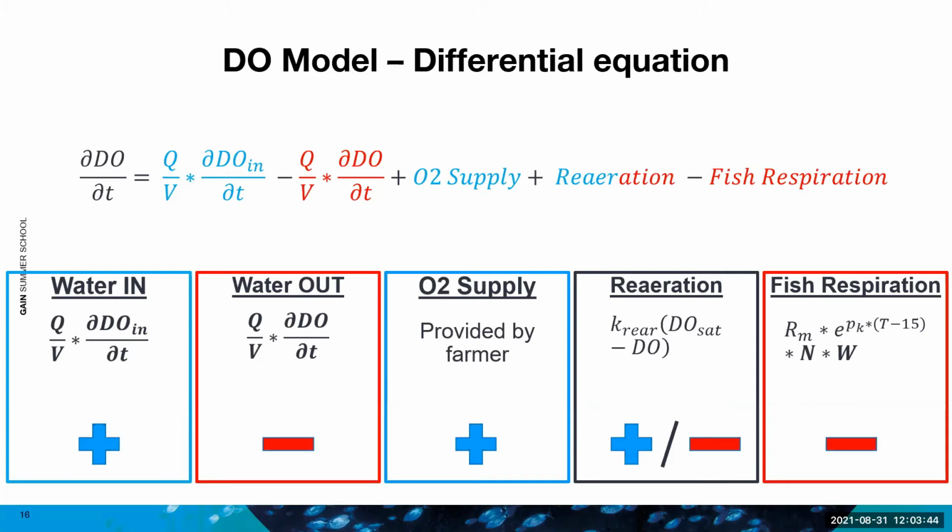The reaeration can be either positive or negative depending on the respective partial pressure of oxygen in the air and in the water. And of course, what could be of huge interest for us is the fish respiration, which is a negative contributor.